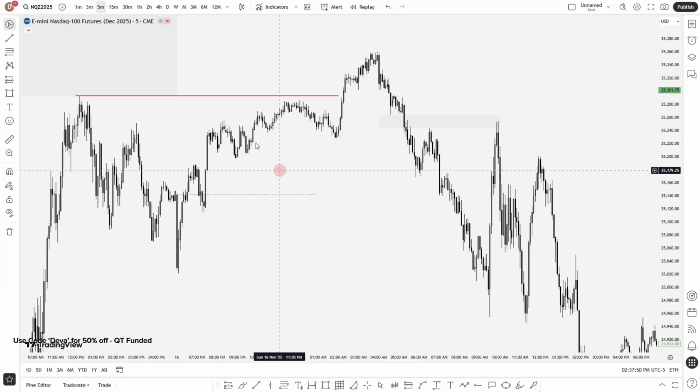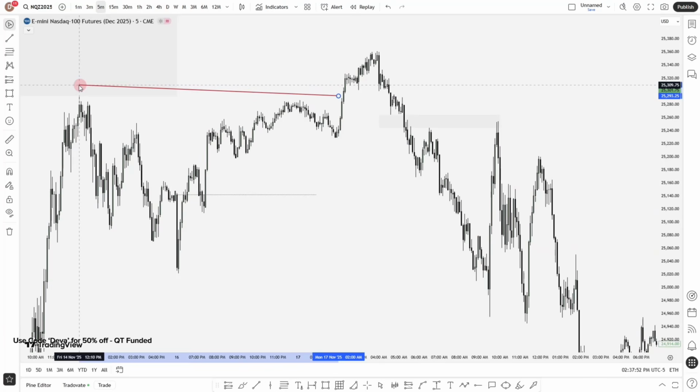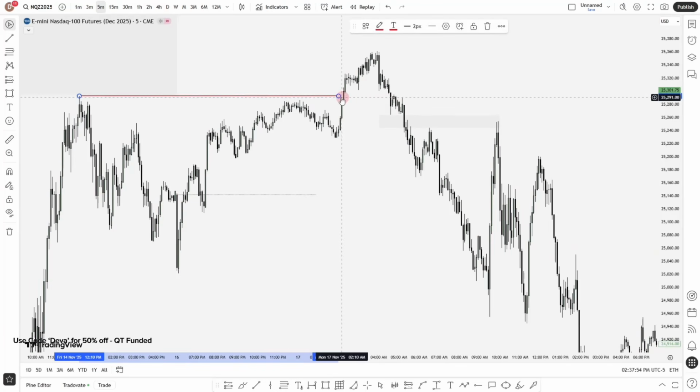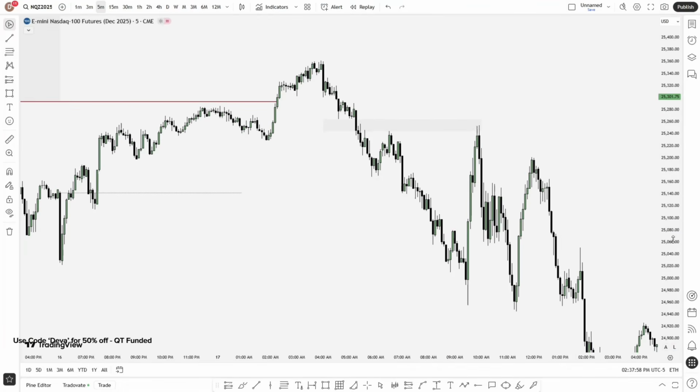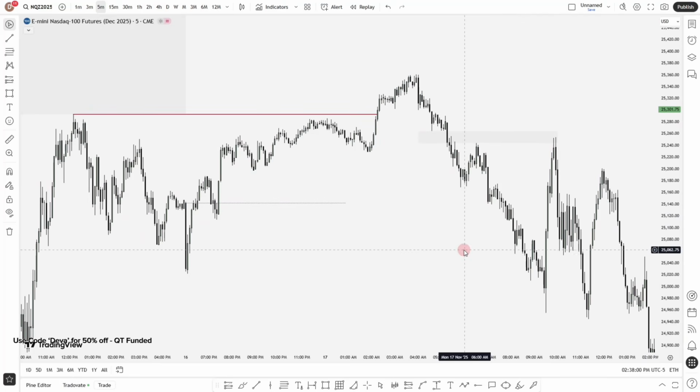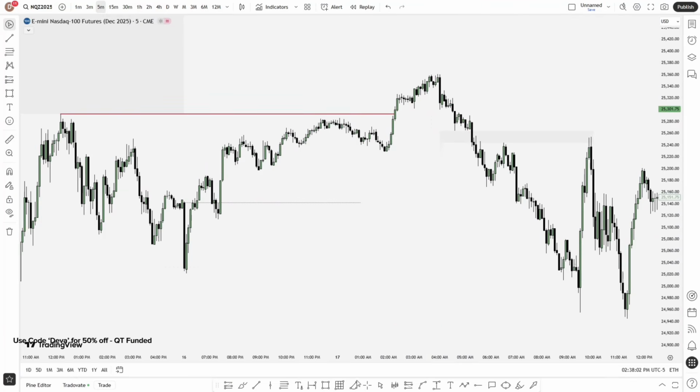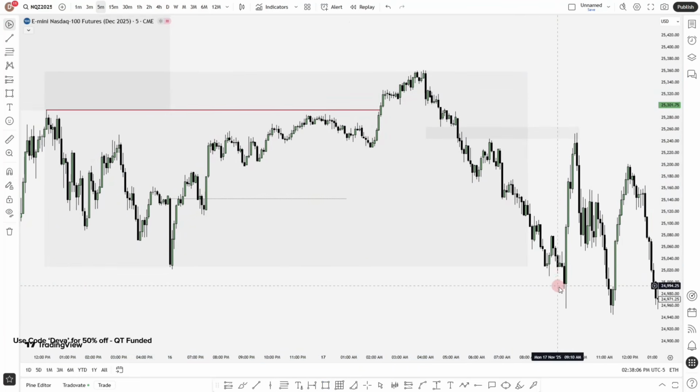So I'm on an M5 chart here, right? So this is why you don't trade it as a pattern. If you look at the market with a pattern, let's say an overall accumulation phase, and what is this? 9:30 manipulation, since it's the Nasdaq here, right?